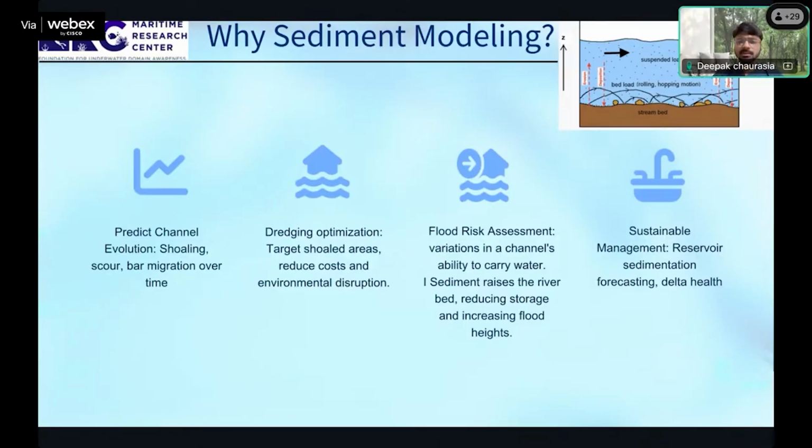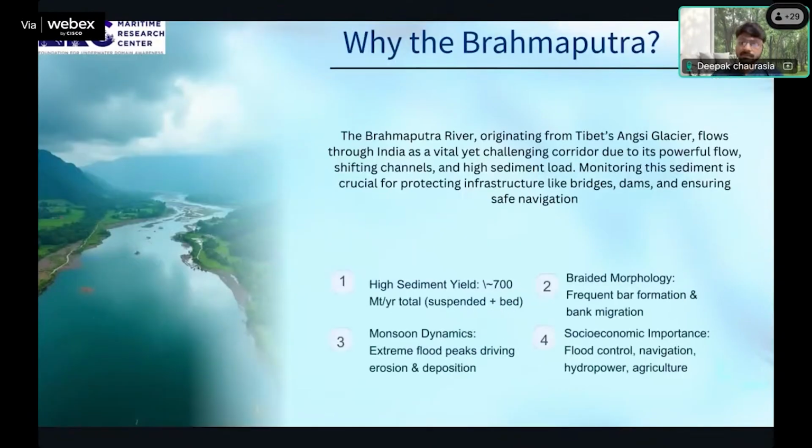And third is flood risk assessment, due to the heavy settlement of sediment in the bed of a river, we can assess the flood risk. And fourth is sustainable management of reservoir sedimentation and forecasting the health of infrastructure and delta health.